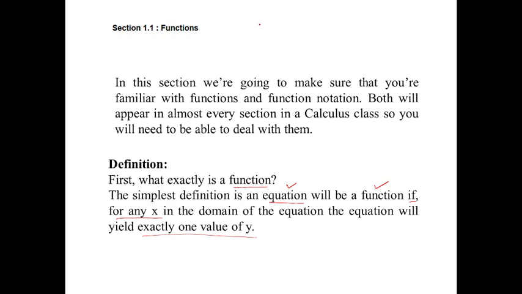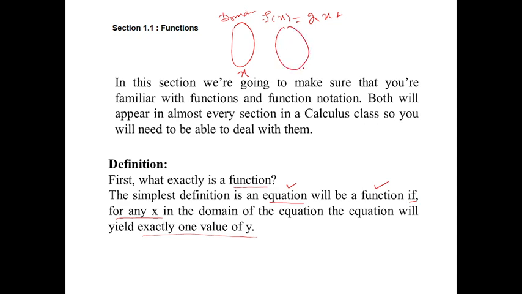If we have an equation, the input value is known as the domain. The domain values are denoted by x.